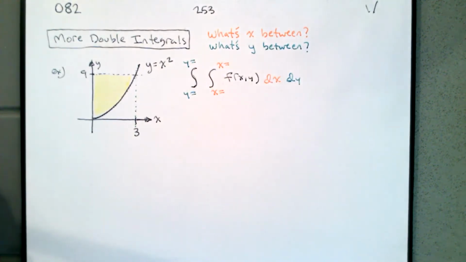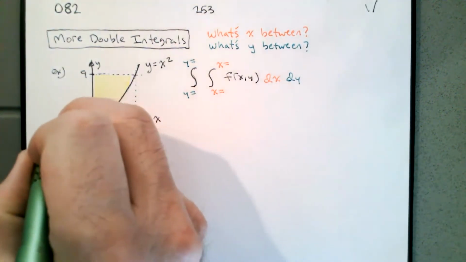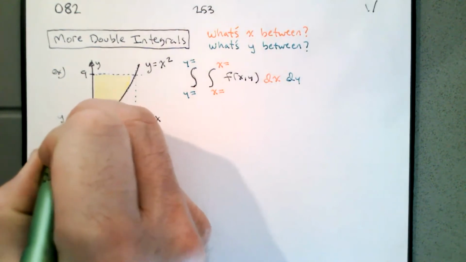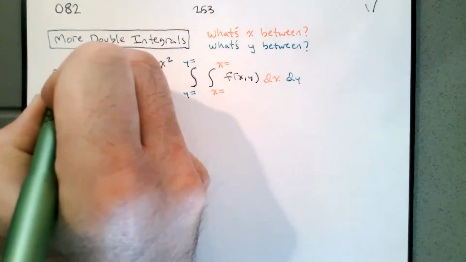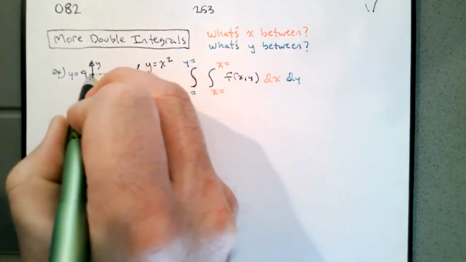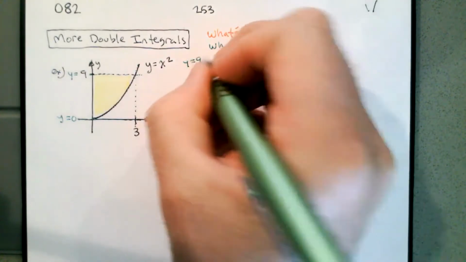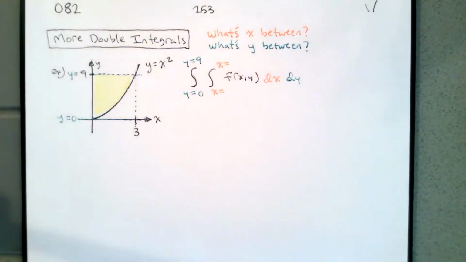The last integral, or the outside integral, has to be between constants. So we just look for the lowest value of y. We don't worry about anything being curvy. We just look for the lowest value of y and the highest value of y. Y goes between 0 and 9. So we start off with constant values of y.